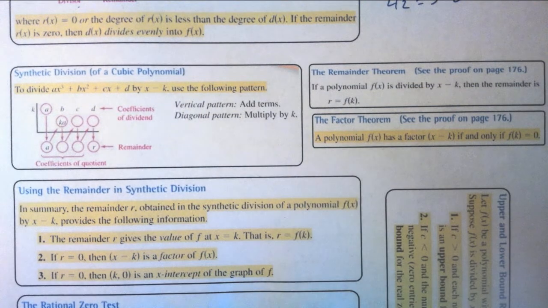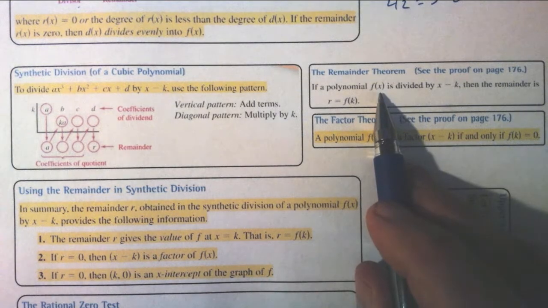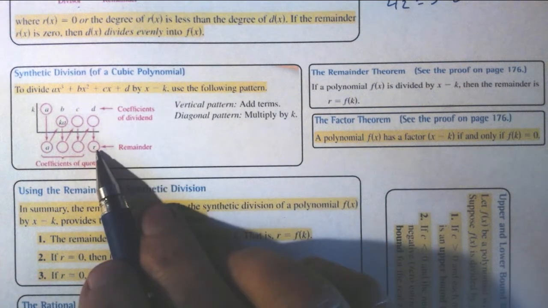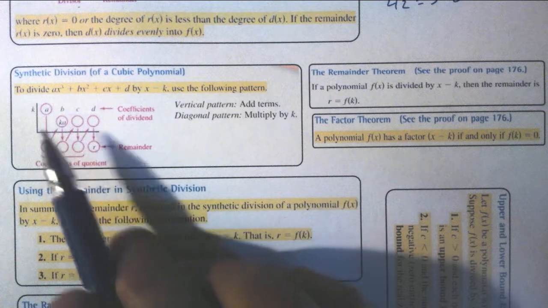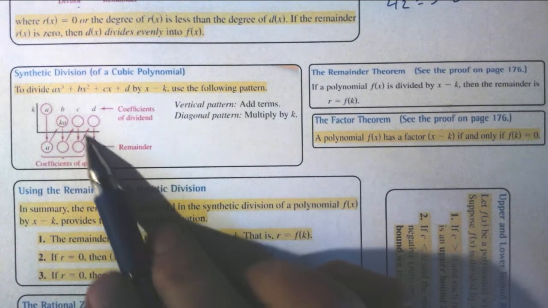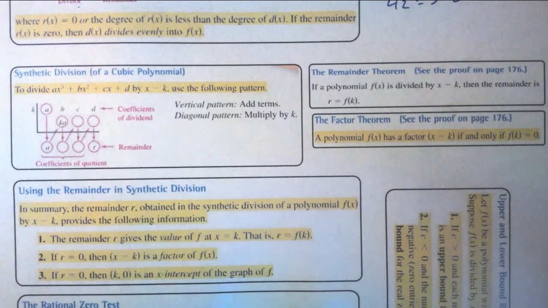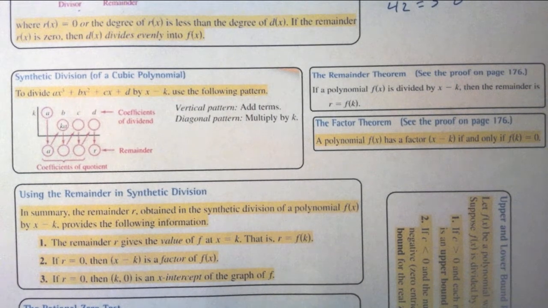So if I want to find f of 7, I can just run 7 through this entire process, and what I end up with here is what f of 7 is. In the age of graphing calculators, some of this stuff has become a little bit obsolete, but you're still going to be exposed to it.